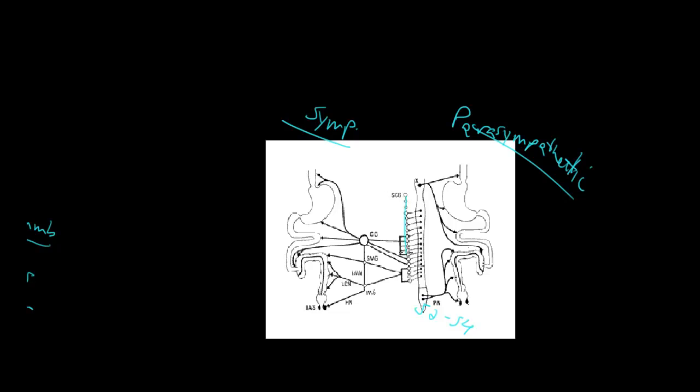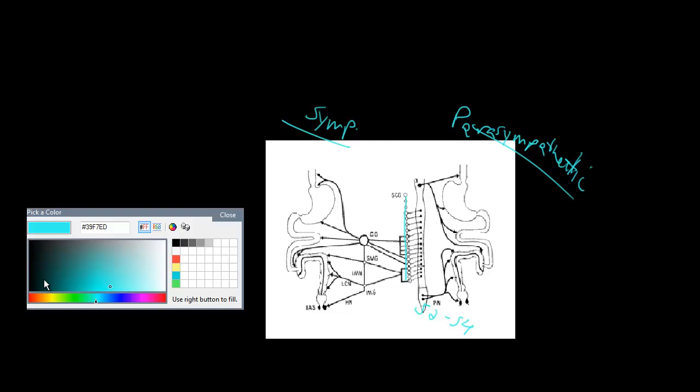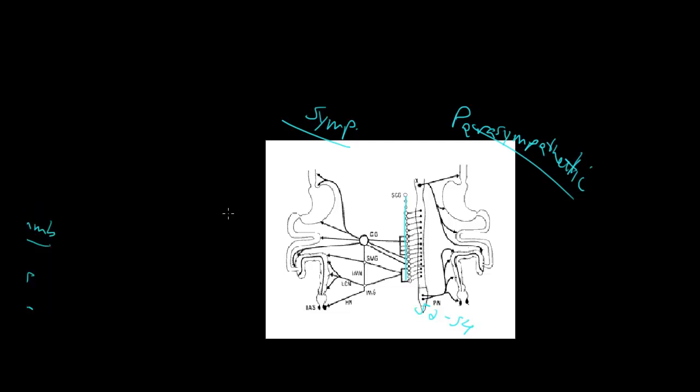This is our sympathetic trunk, and they go to three ganglia. This is the celiac ganglia.